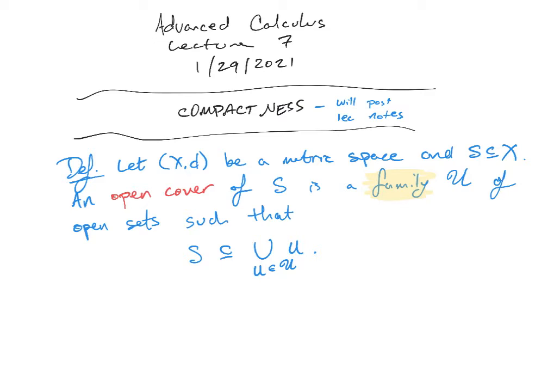And then the open part is just that they have to be open sets. And then the cover part is this. They cover S in the sense that every point in S is in one of the sets in U. Okay? Any questions so far?